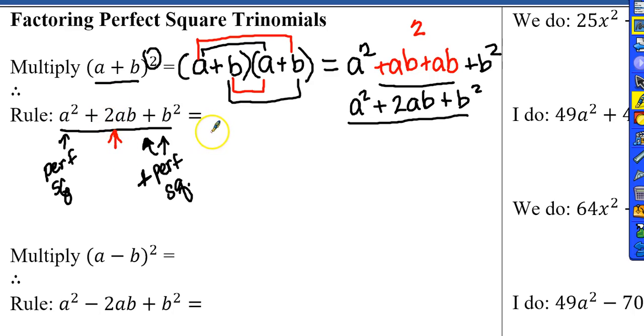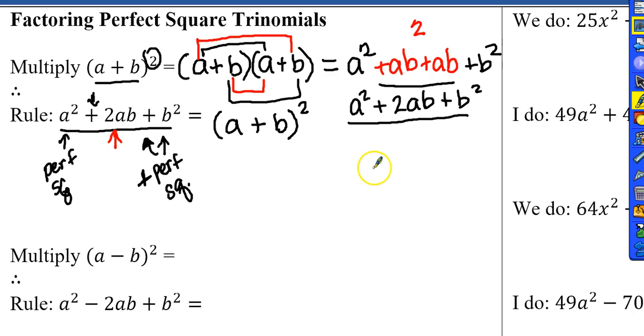That's the important part. So the answer is factored very quickly: (a plus b) quantity squared, and we use this symbol to help us determine that it's going to be positive.